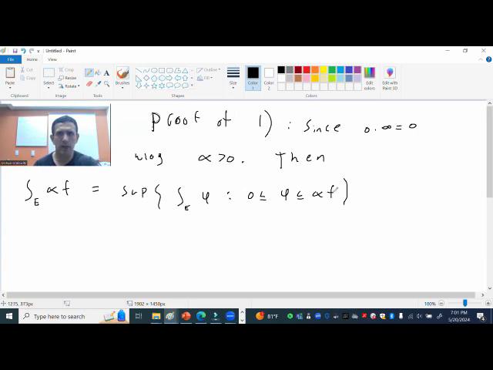Okay, so what I'm going to do next, and I can do this because alpha is positive, is divide both sides by alpha here. And then multiply and divide by alpha.